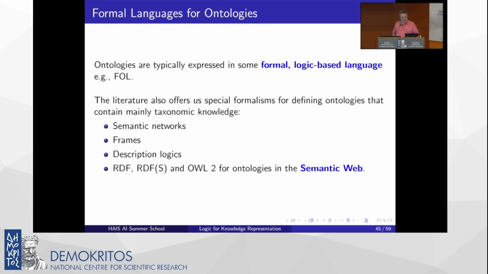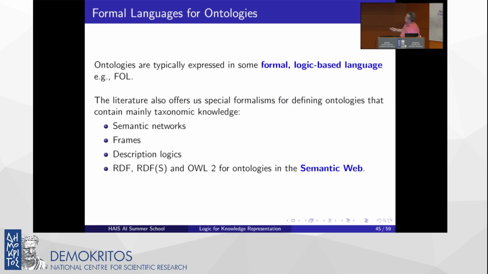And as you might expect, not only we have graphical notation, but we can use formal logic-based languages, for example, first-order logic to represent ontologies, but typically these are the kinds of formalism that have been used to represent ontologies.